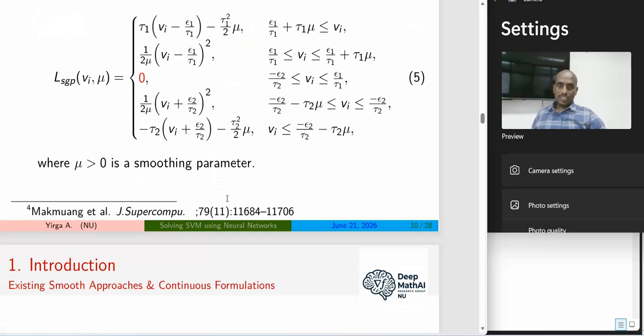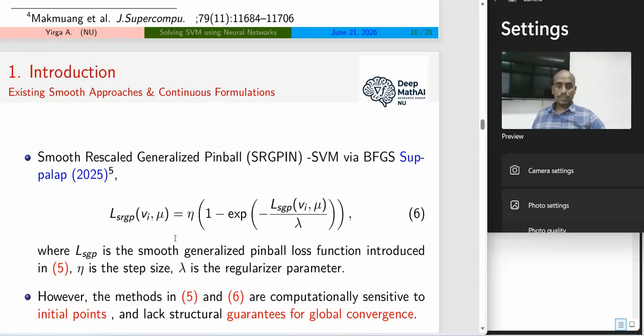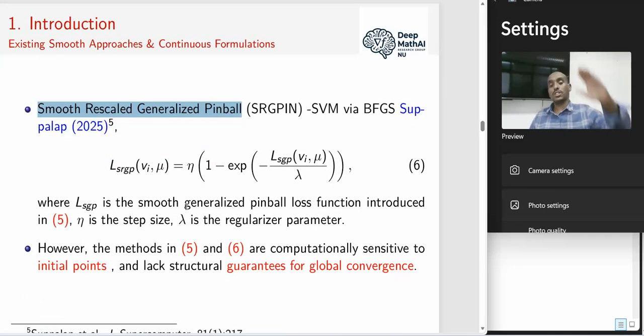Again, they proposed an improved version of the smooth generalized pinball loss, called the smooth rescaled generalized pinball loss. It bounds the loss function from above. It does not extend indefinitely.